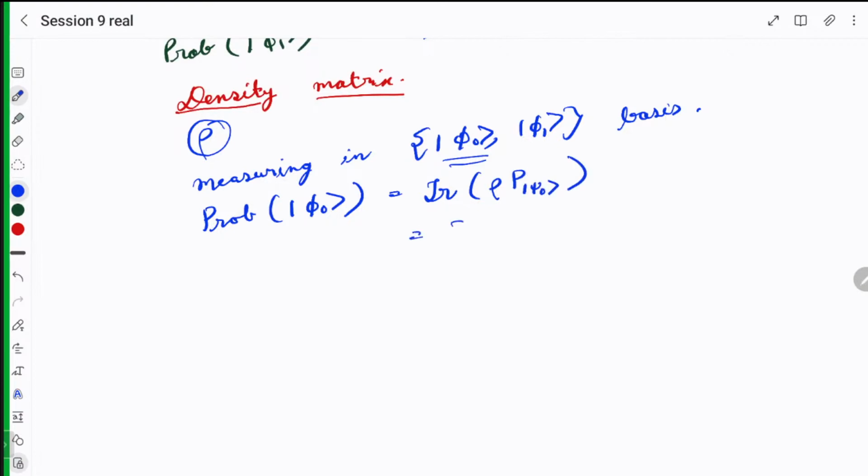So basically trace of rho, phi naught phi naught outer product.